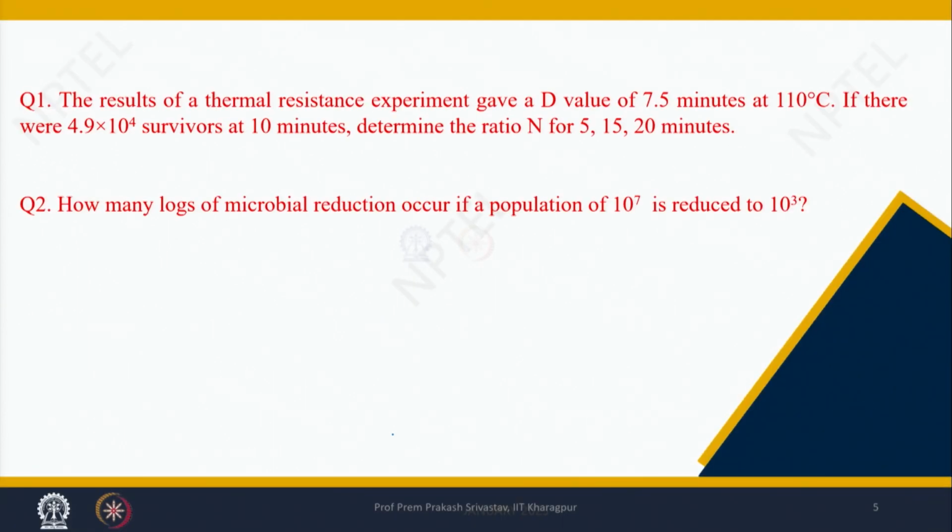Now, let us solve one question. The results of a thermal resistance experiment gave a D value of 7.5 minutes at 110 degrees Celsius. If there were 4.9 into 10 to the power 4 survivors at 10 minutes, determine the ratio N by N0 for 5, 15 and 20 minutes.